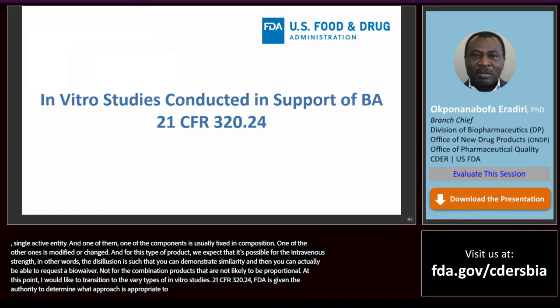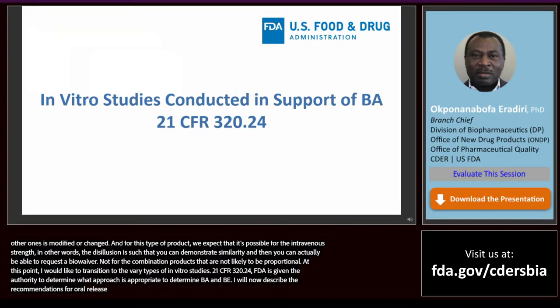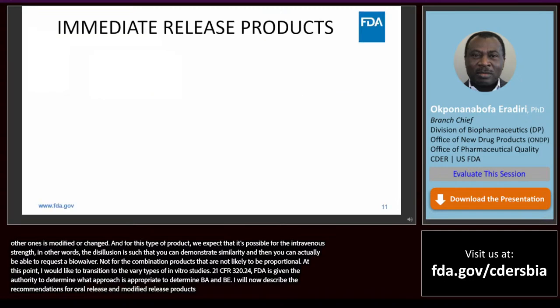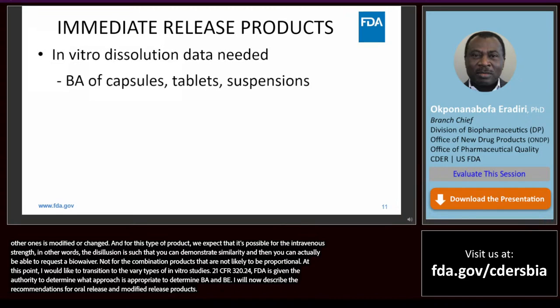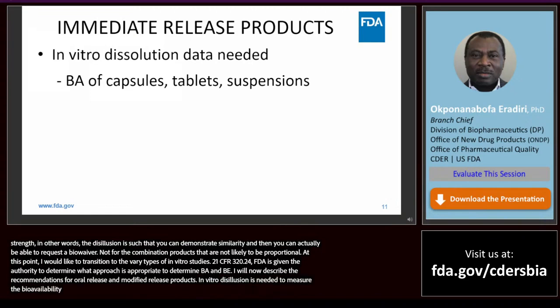I will now describe the guidance recommendations on such studies for oral immediate release and modified release products. As I indicated before, in vitro dissolution data are needed to measure the bioavailability of capsules, tablets, and suspensions.